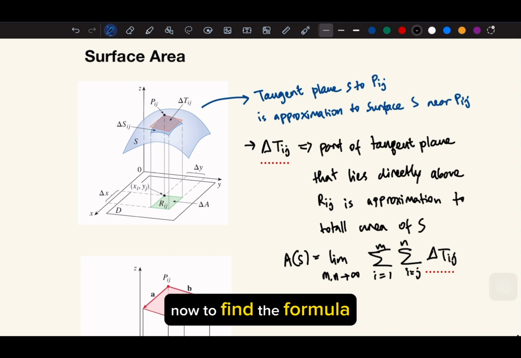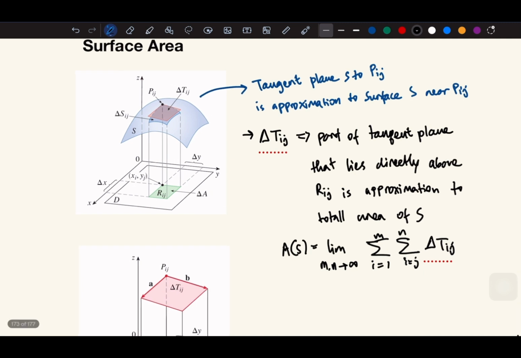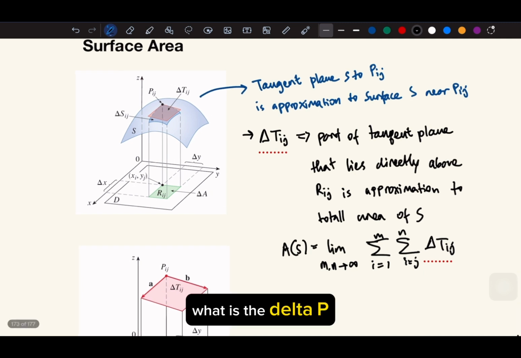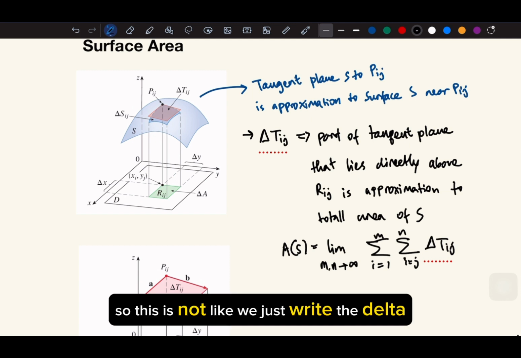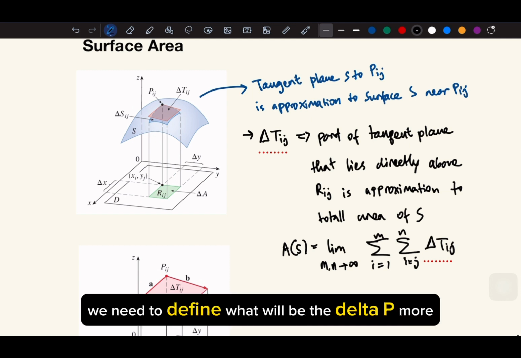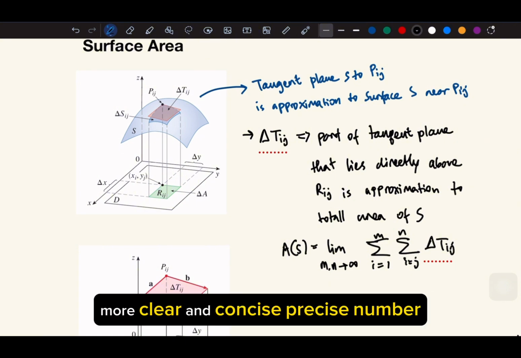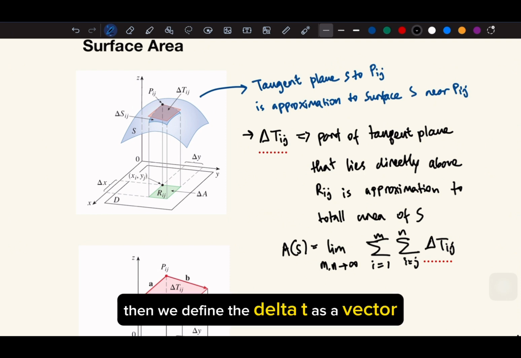Now, to find the formula, what is the delta T? If we just write delta T, we need to define it in a more clear, concise, precise way. So we define delta T as a vector.